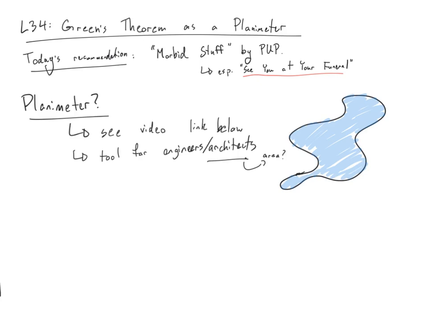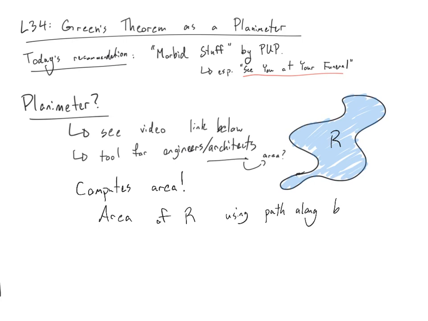It computes the area. So if this region is R, it'll compute the area of R, and it does it only using this path going around R. And this is Green's theorem, believe it or not.